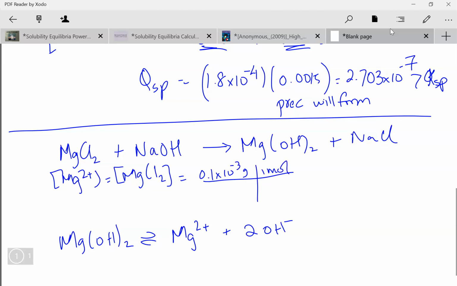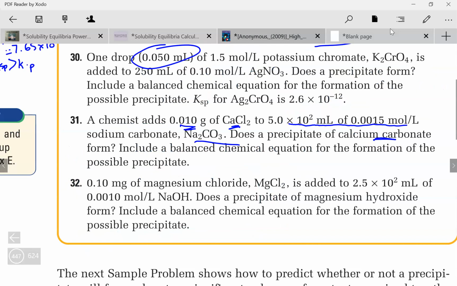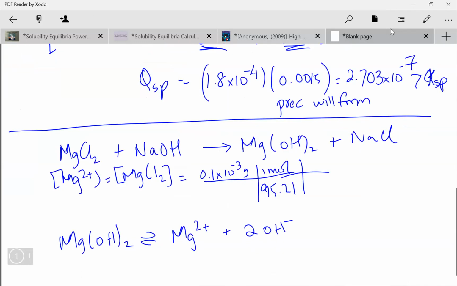What is the molar mass of magnesium chloride? 95.21, divided by how many liters? 0.25 liters. So it is 0.1 times 10 to the power negative 3 divided by 95.21 divided by 0.25, which is 4.2 times 10 to the power negative 6.